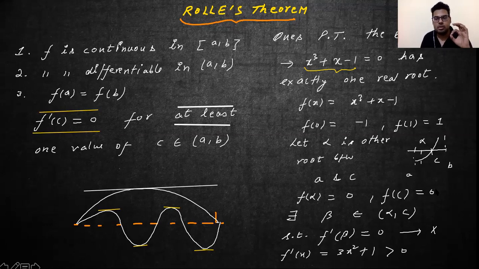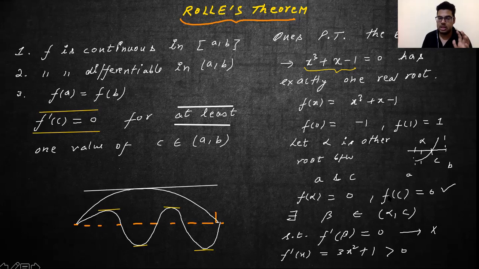f of c equals 0, this we had proved convincingly by saying that f of 0 is equal to minus 1 and f of 1 equals 1. But when we assume that alpha is another root between a and c, or you can take it between b and c, so f of alpha should be equal to 0. And having said that, according to Rolle's theorem, if we have f of alpha equals f of c, then there must be a root between alpha and c.